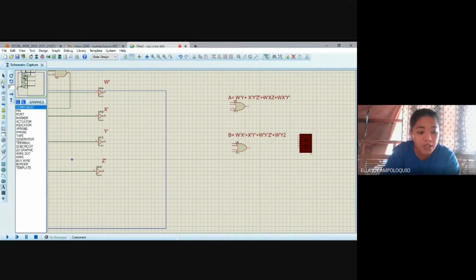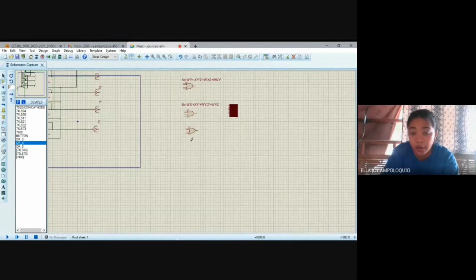Since the third equation has 4 inputs, I will also use this gate here, and so on and so forth.